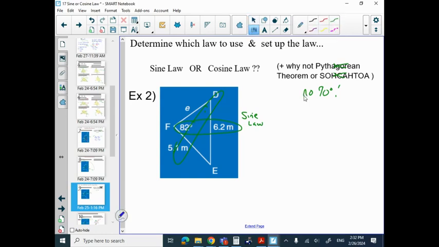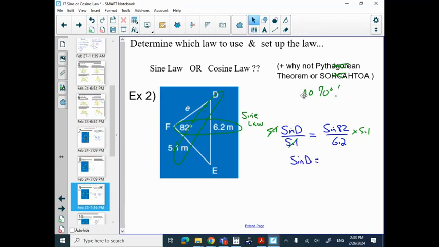Since I want angle D, I'm going to start with sine of D over 5.1, and that'll equal sine of 82 over 6.2. So if I multiply by 5.1, that gets rid of it. Maybe I do all that stuff first to get a number. Sine of D equals all that stuff.